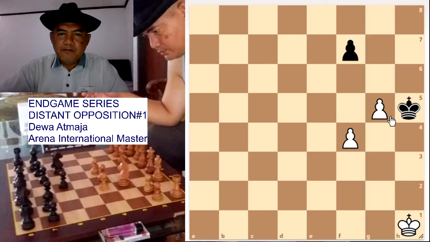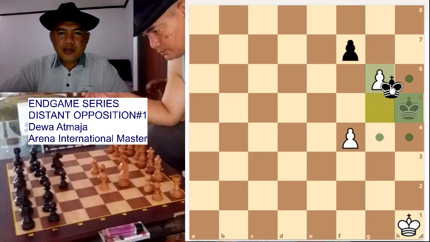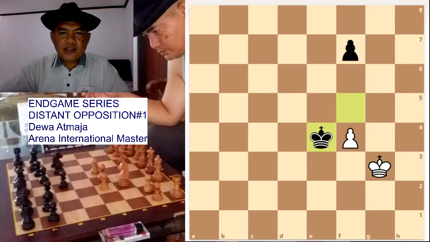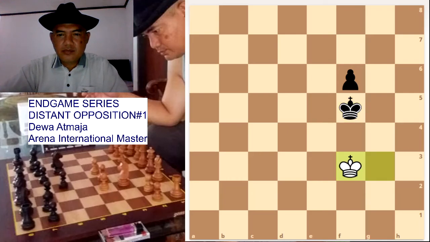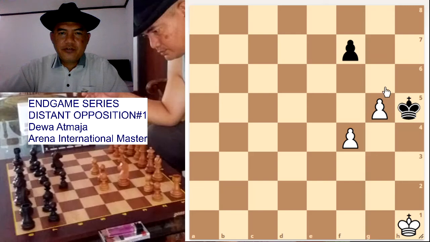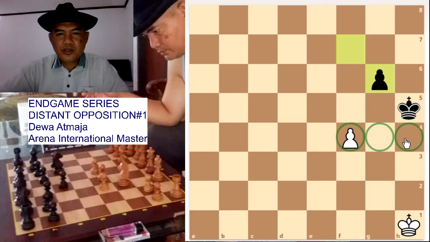For example, in this position, white will sacrifice his pawn, and if black takes with his king, then this is a draw position, because white will have the opposition. And if black takes with the pawn, then the key square becomes closer to the white king.